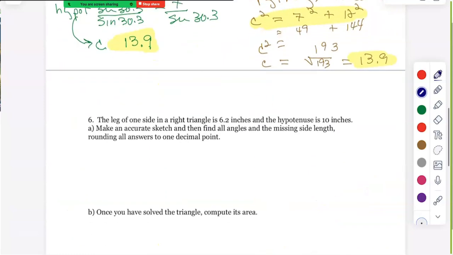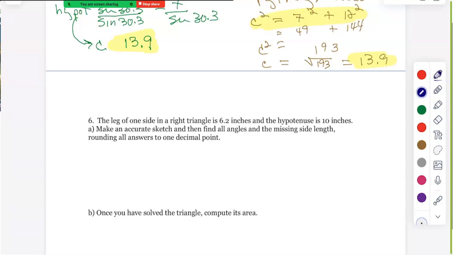Okay, let's continue. The biggest problem that my kids tend to have with this is drawing the problem. So let's make sure we're getting that correct. It says the leg of one side in a right triangle. So here comes my right triangle. I'm going to make it right by putting in my little square.